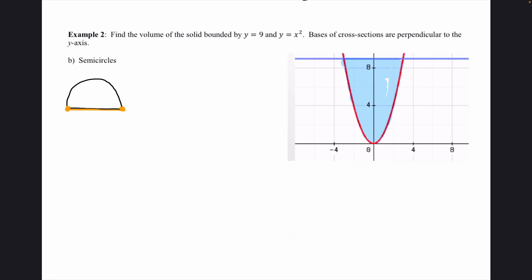All right. We still have, so is this dx or dy? It's going to be a dy again because perpendicular to the y-axis, yeah. So when I write this, this is y equals 9. And then when I write this, I'm going to write it as x equals again, because it's dy.